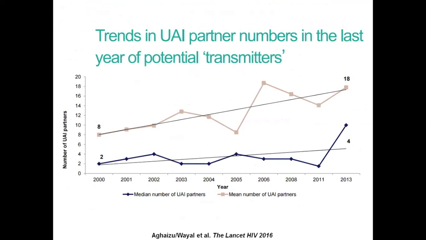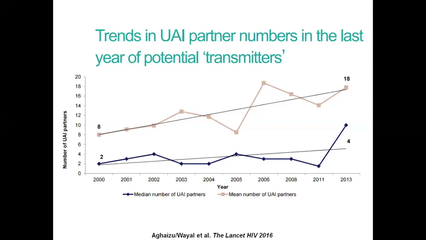Now, that is a study that was done a few years back, the Gay Men Sexual Health Survey, that is currently underway as a new iteration of the study, so we'll be able to update those numbers soon. But that shows that from 2000 until 2013, the proportion of MSM that reported unprotected anal intercourse in the last year at the moment of the survey increased from 43% to 53%, quite a big increase there.